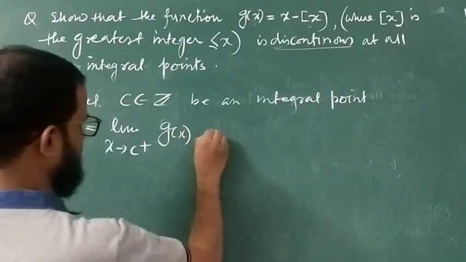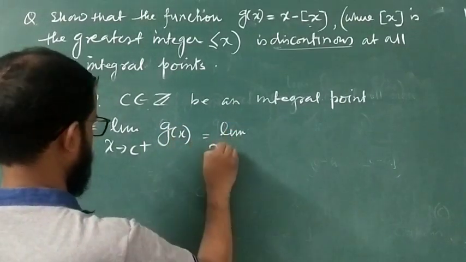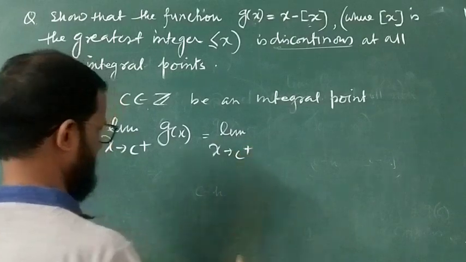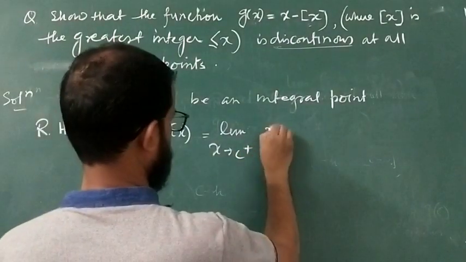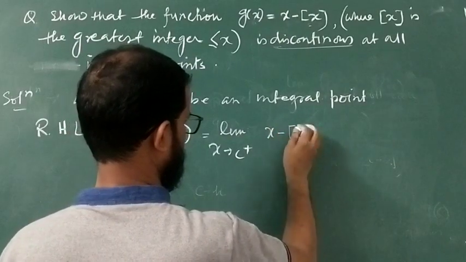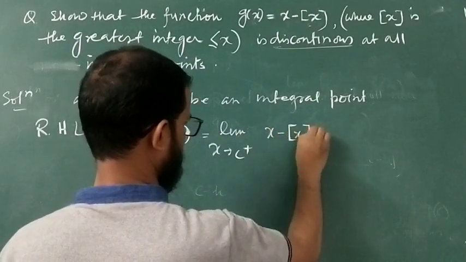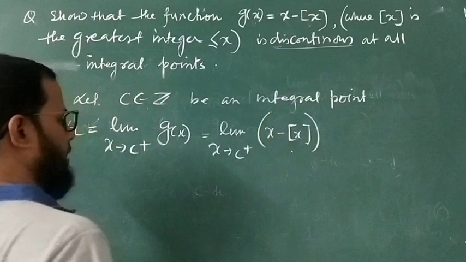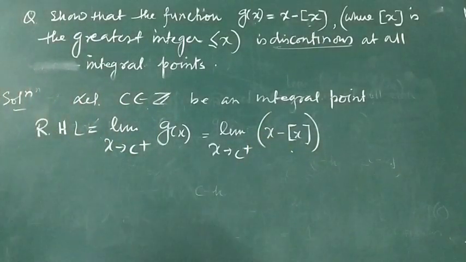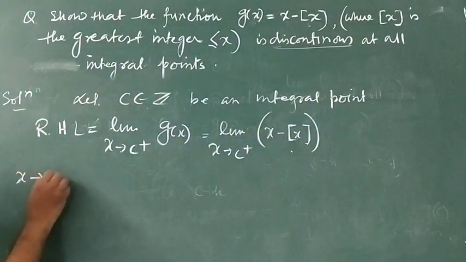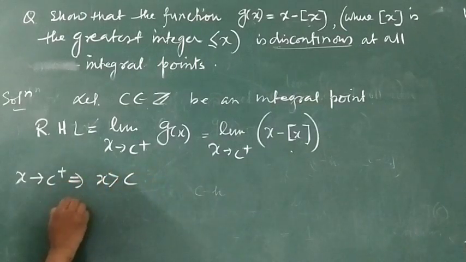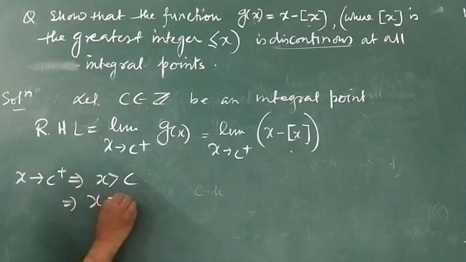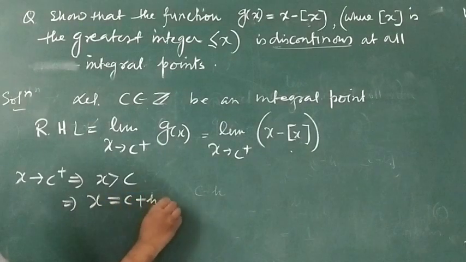Gx is equal to x minus box x. Okay. Now x tends to C plus. X tends to C plus means x is greater than C. X is greater than C means what? X equal to C plus h.